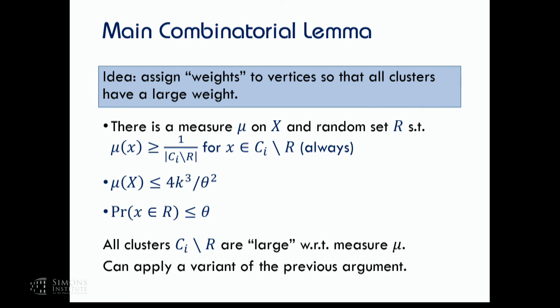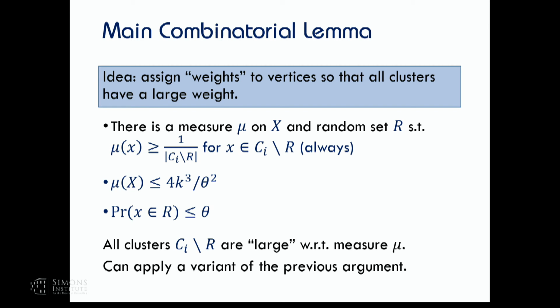More formally, we prove the following combinatorial lemma. So we prove that there is a measure mu on X and the random set of new outliers R, so that after we remove these outliers R, the measure of every point is greater than 1 over the size of the new cluster.